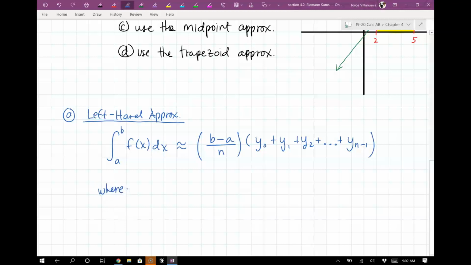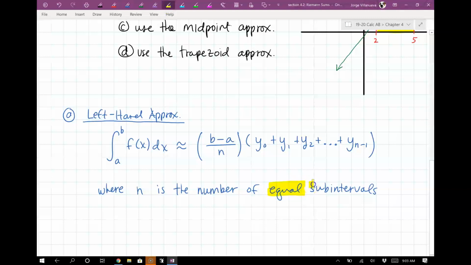So where n is the number of equal subintervals. In other words, the number of shapes. Okay, super important for Riemann sums.